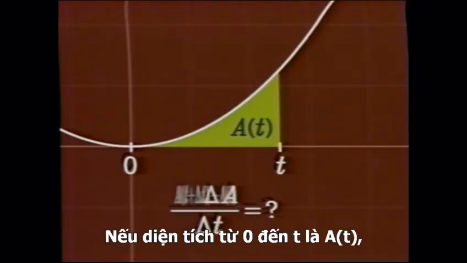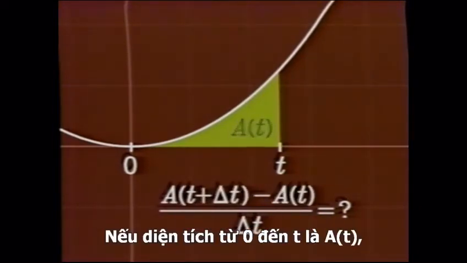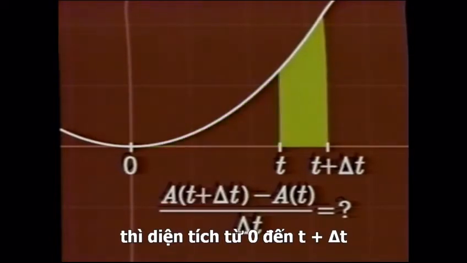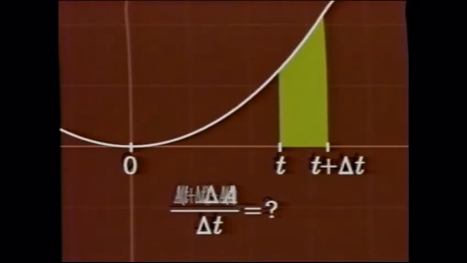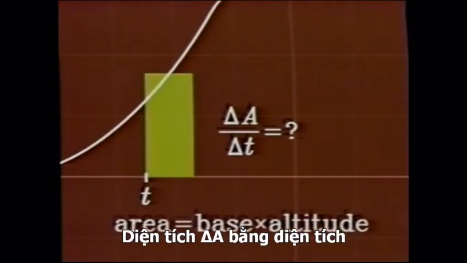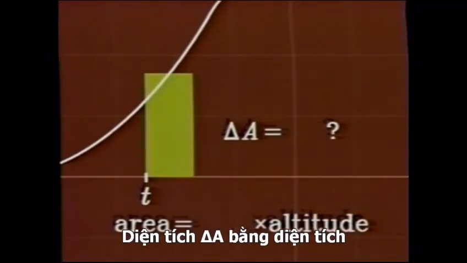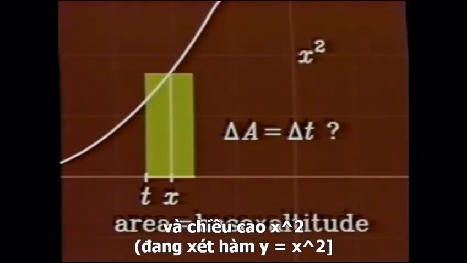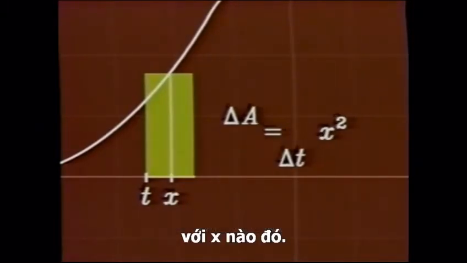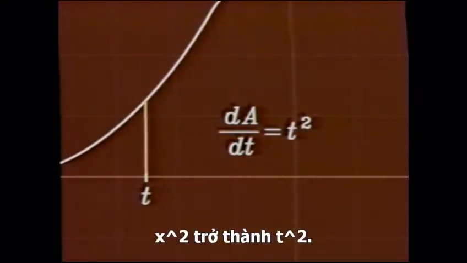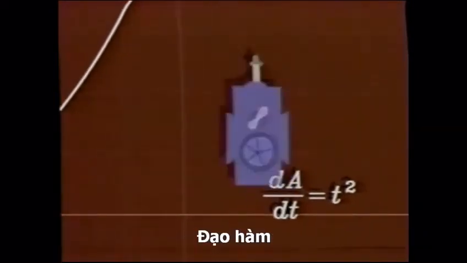If the area from 0 to t is a of t, then the area from 0 to t plus delta t is a of t plus delta t. The area delta A is the same as the area of a rectangle of base delta t and height x squared for some x. As delta t shrinks to 0, x squared becomes t squared. In other words, the derivative of the area function is t squared.